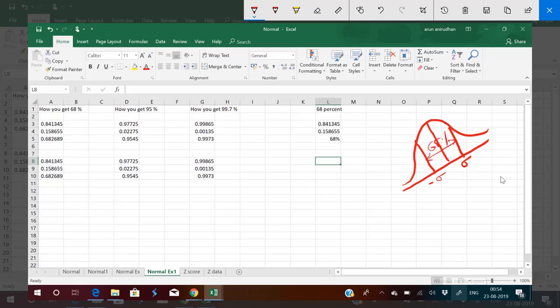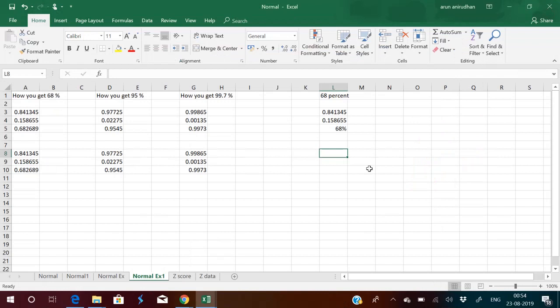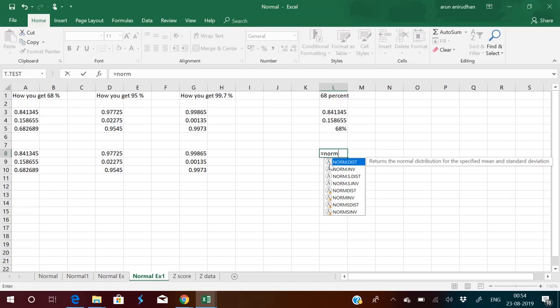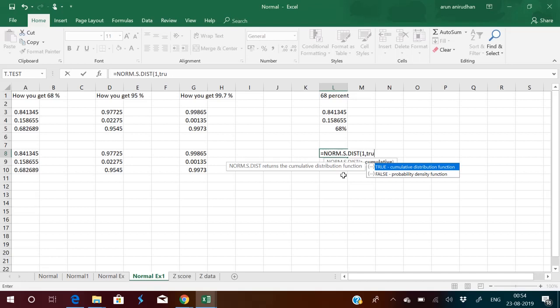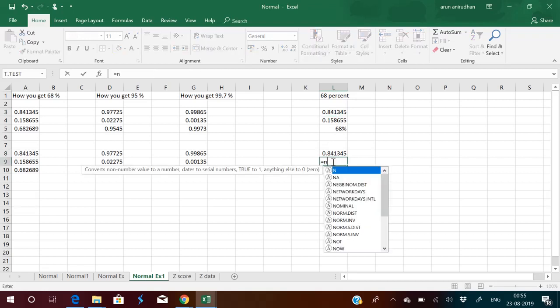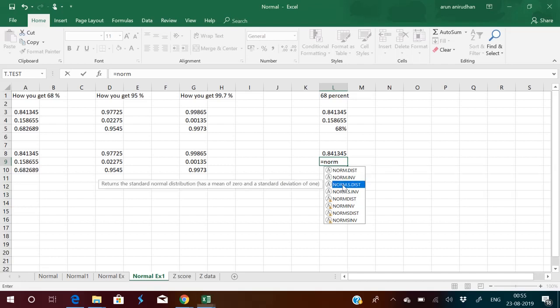So how you get 68% using Z score? The formula is equal to Norm.S.Dist. What you have to give is the Z value, which is 1, comma, true. Okay, you got the same one. You can see this value and this value and this value are same. We use two different methods. So here again Norm.S.Dist.